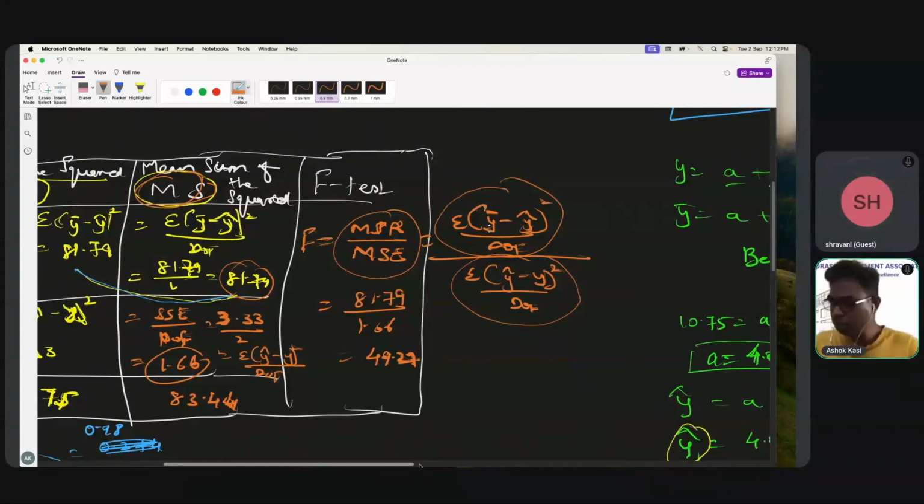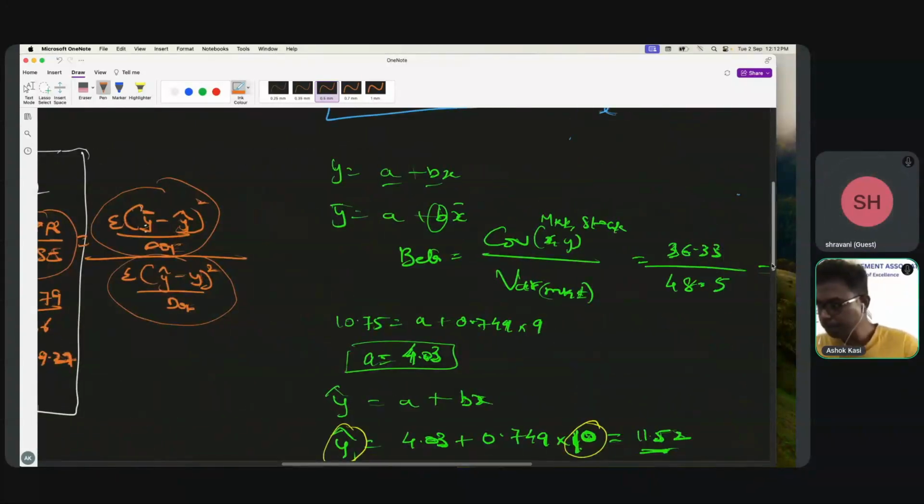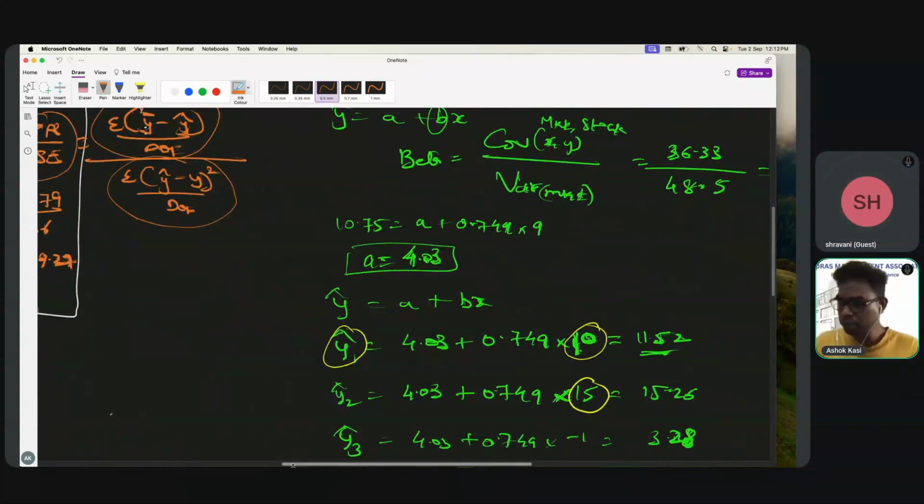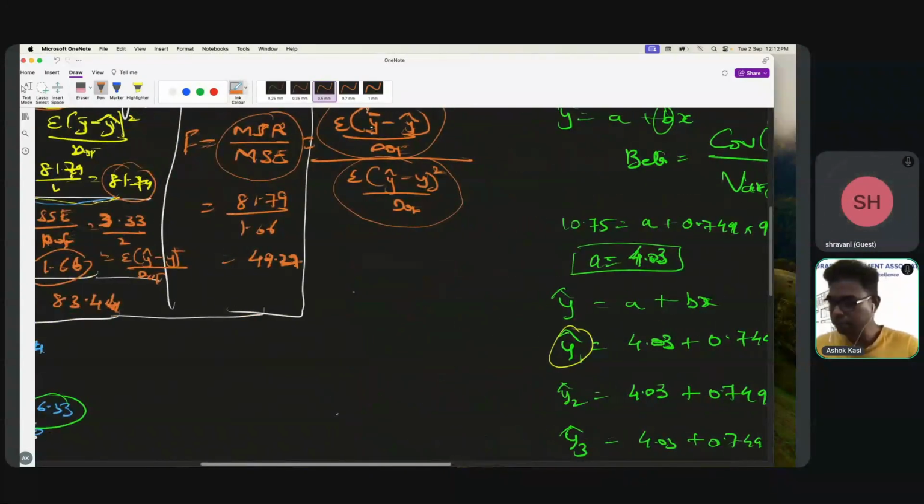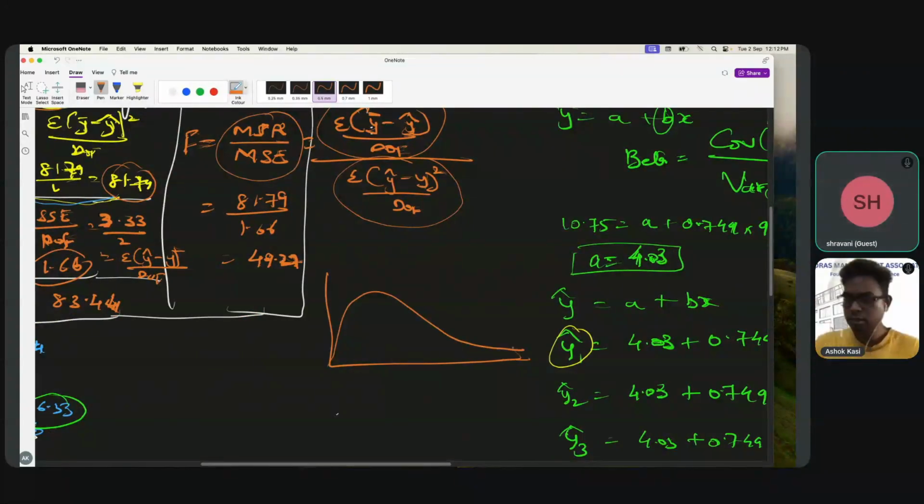Now I will check the F test table. It is right-sided, so I'll open the F test table now.